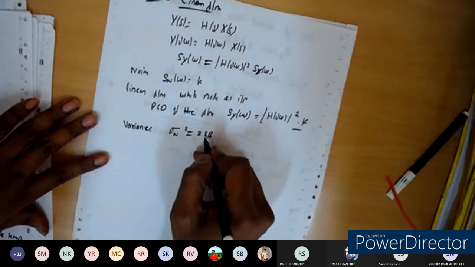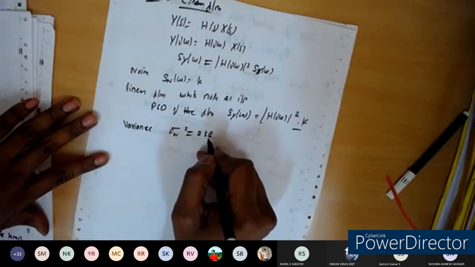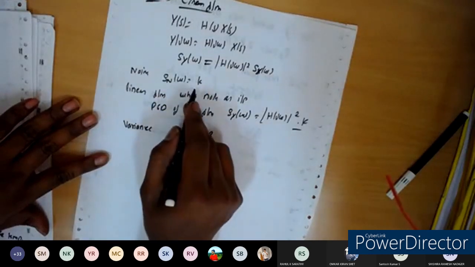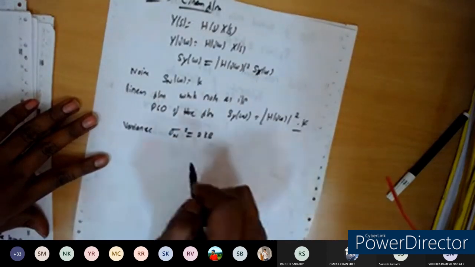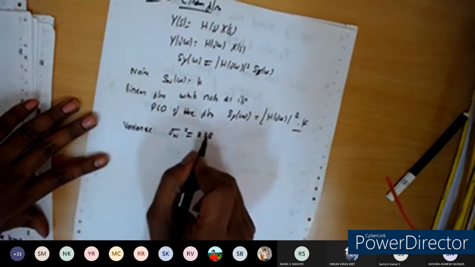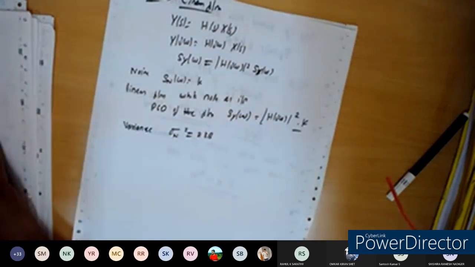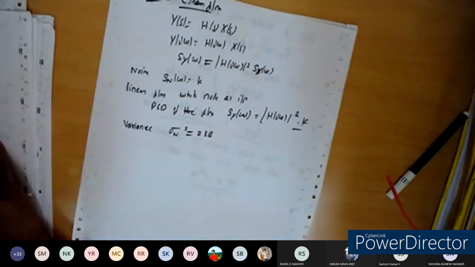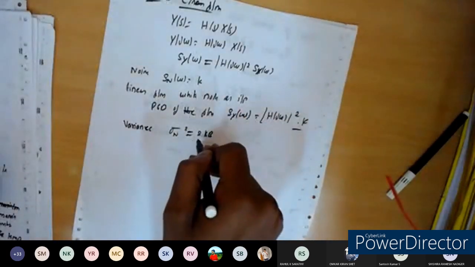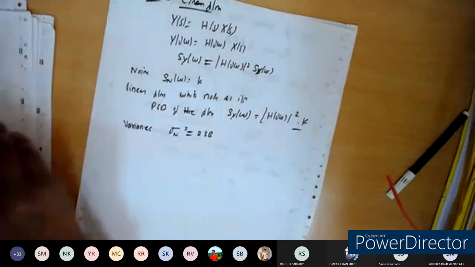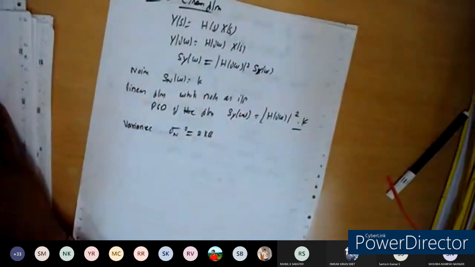So k is equal to Sn of omega. You can substitute here the variance, no problem. So these are the formulas we are seeing here. Like k can be substituted as Sn of omega, so that it becomes 2B into Sn of omega.